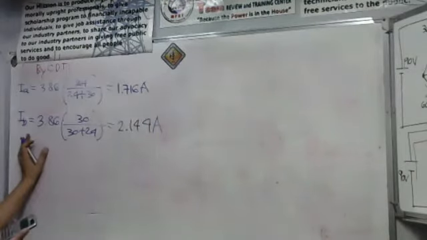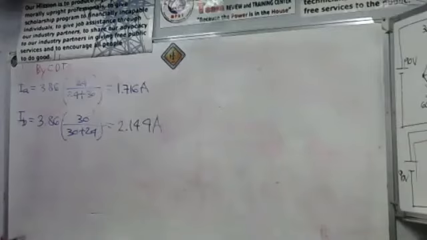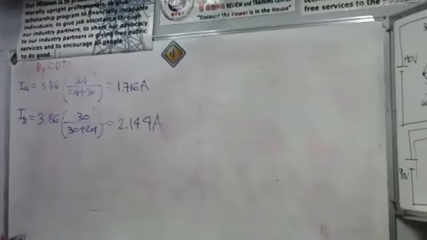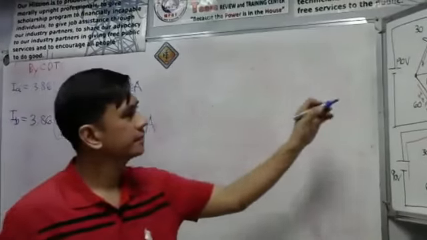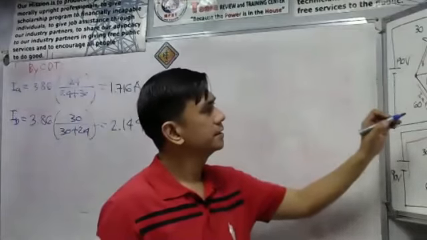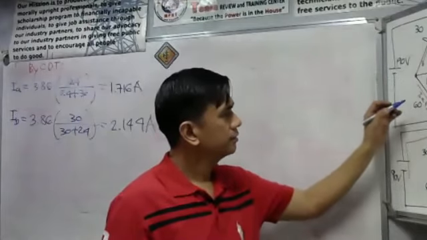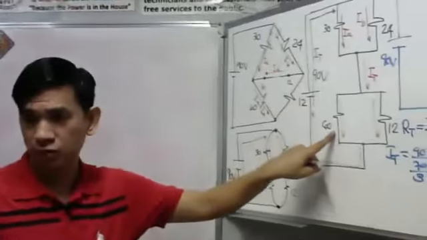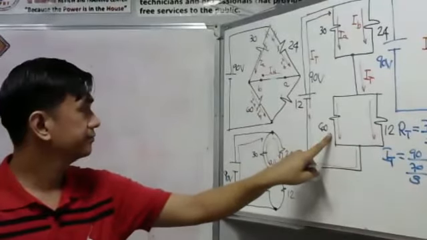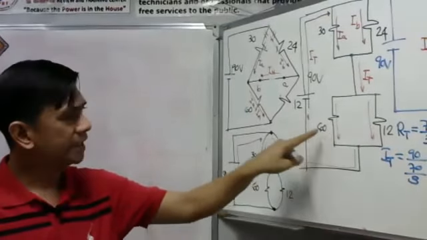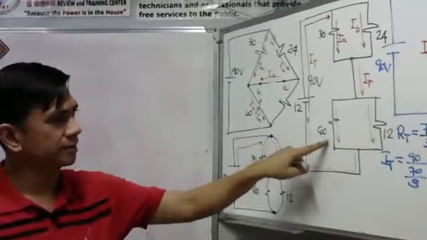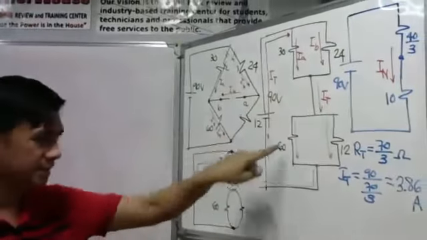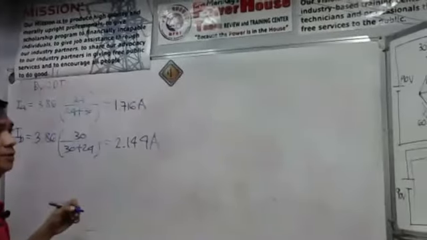Okay, we already have IA and IB. Take a look here. What is the current in our 60 ohm resistor, by the way? Remember, this is again our IT.